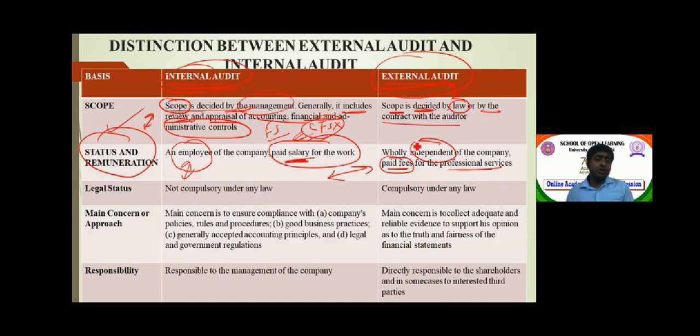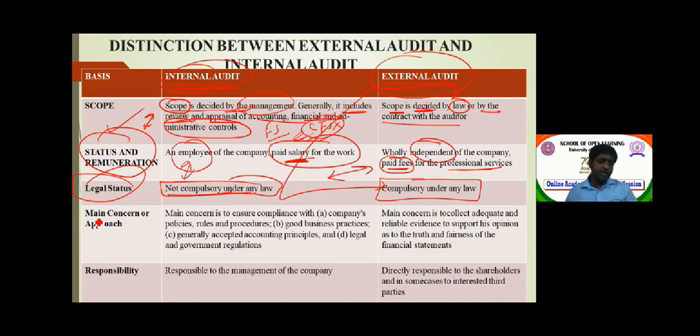All right. Now talking about the legal status, the internal audit is not compulsory under any law. It is not at all compulsory under any law. But talking about the external auditor, it is compulsory under the law. All right.